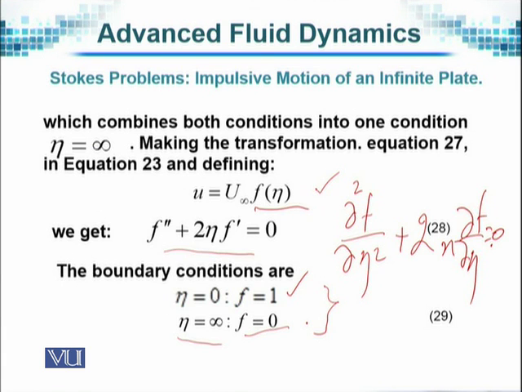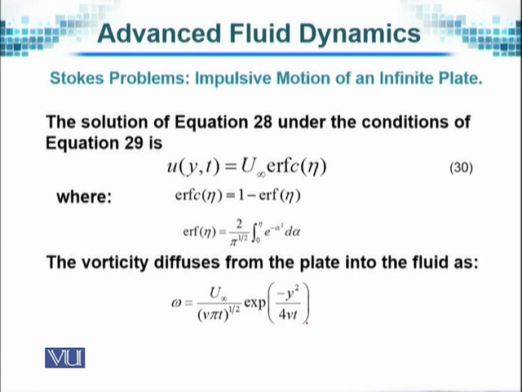This is a standard equation, and its result is u of y,t equal to u infinity, which is some constant, times the complementary error function of eta, where the complementary error function is equal to 1 minus the error function.